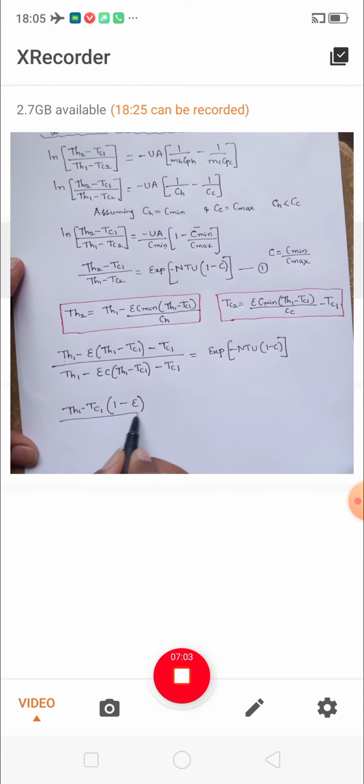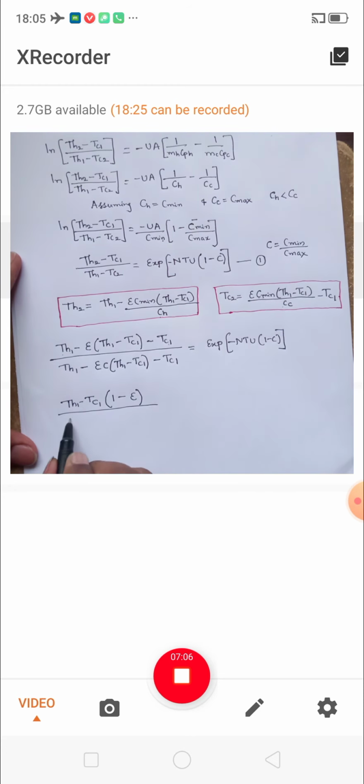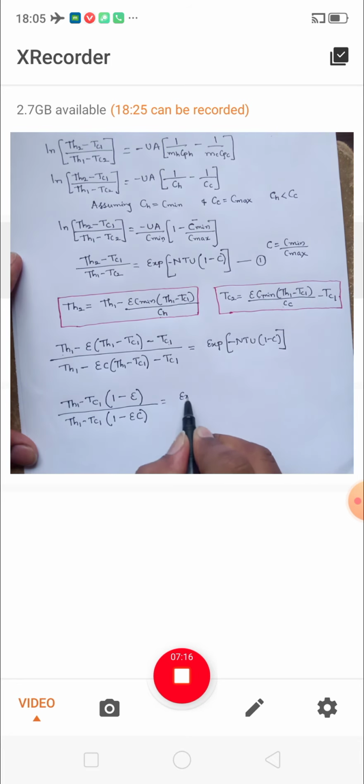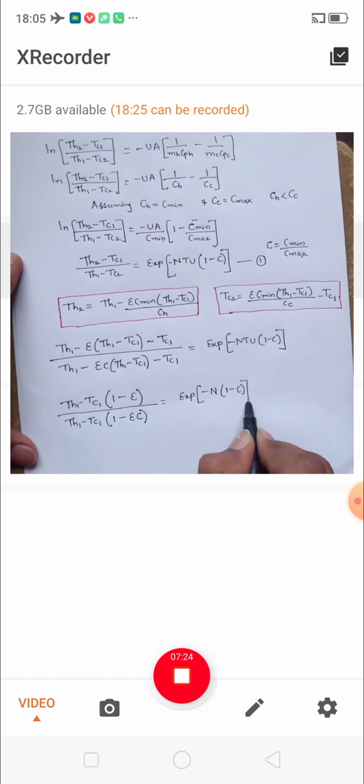In the denominator also, TH1 minus TC1 is common: (1 minus epsilon into C). This will be equal to exponential of minus NTU, into (1 minus C).